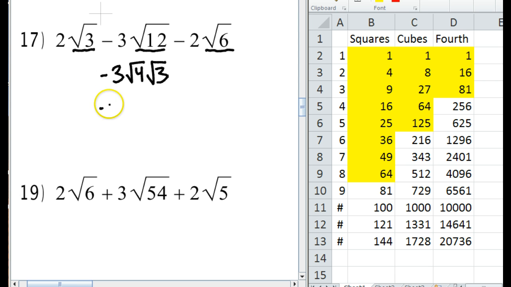And of course, radical 4 is 2, so this is really 6 radical 3. So we have 2 radical 3 minus 6 radical 3. Now, can we write this radical 6, this last one, can we reduce this and get a radical 3?